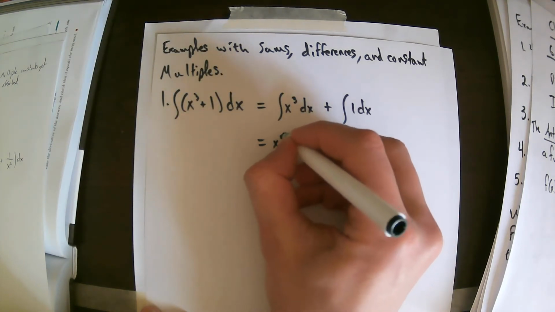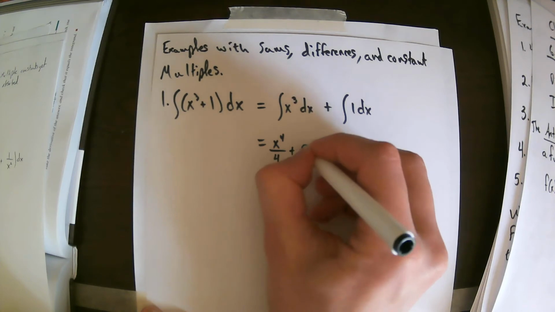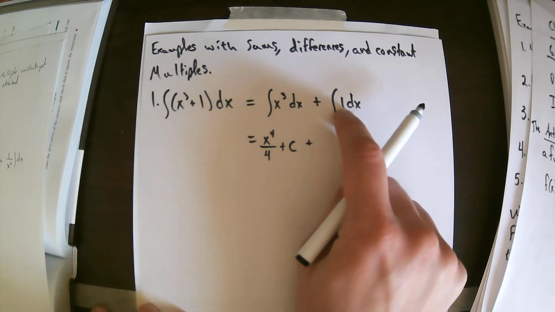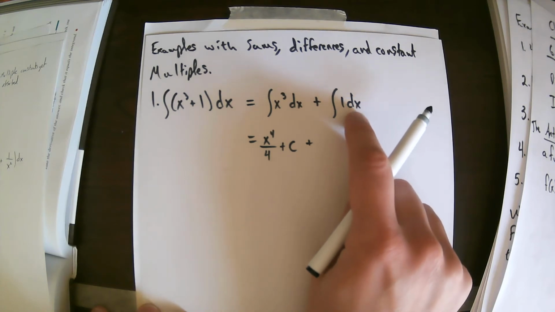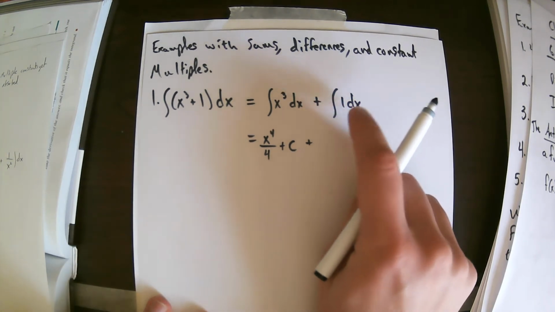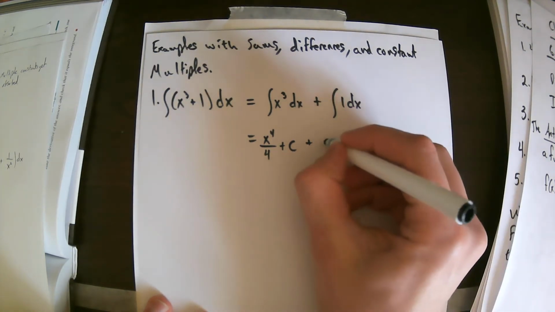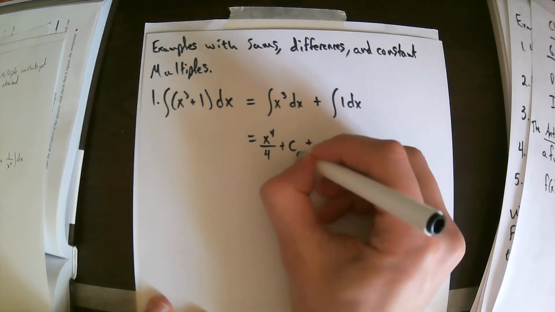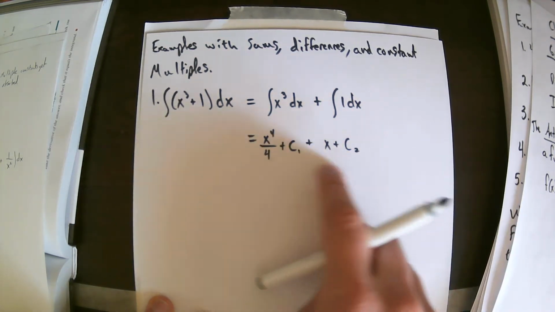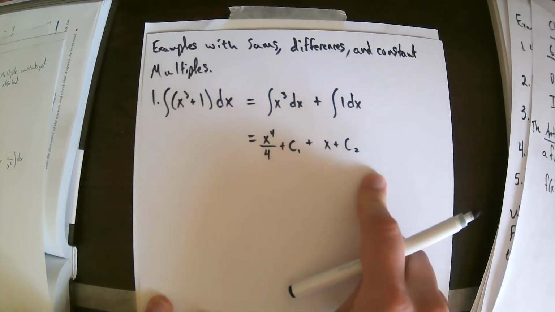Using the power rule for each of these, x cubed is going to be x to the 4th over 4 plus c, plus, and we actually did this one earlier, this is one of those tricky ones, but if it's just a constant, you basically just tack an x on: x plus. Now we have two different constant terms after integrating, c1 and c2.